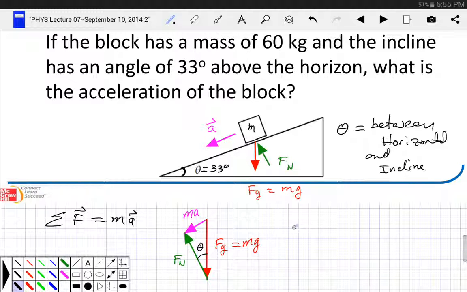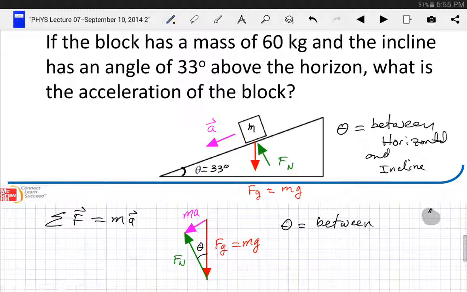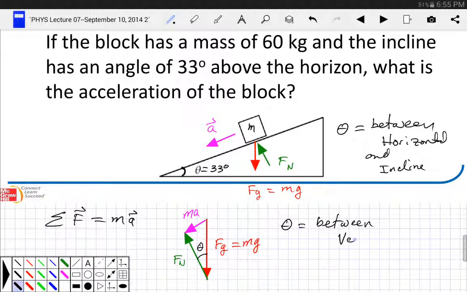Here I marked theta as the angle between vertical and the normal.